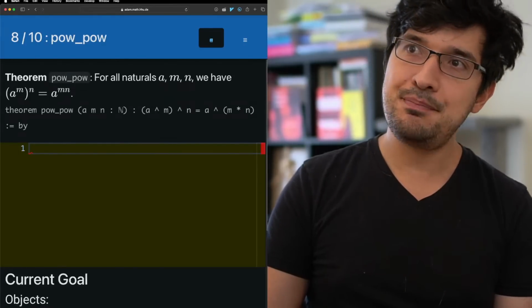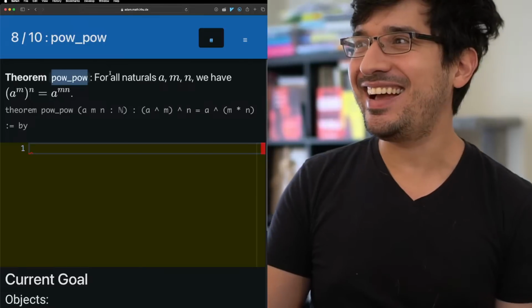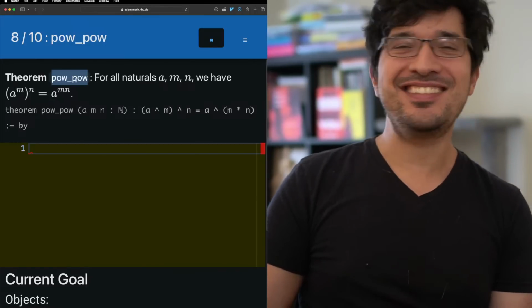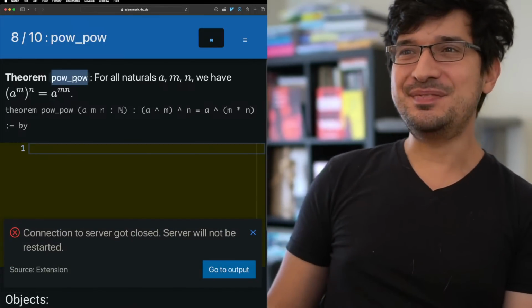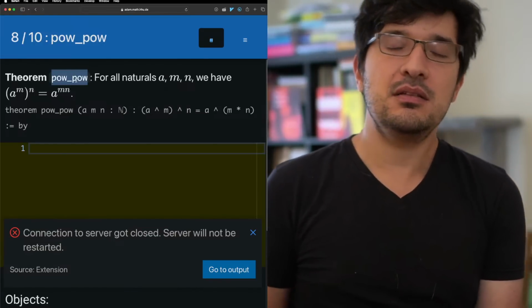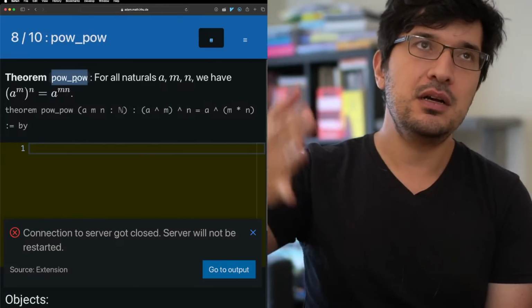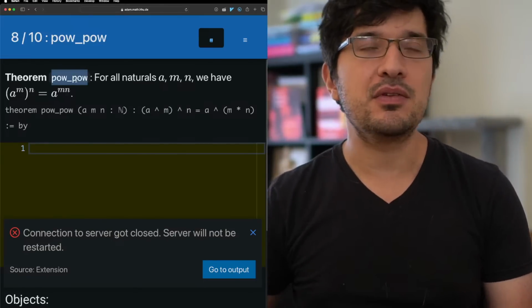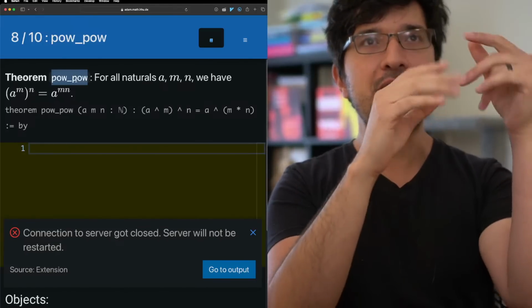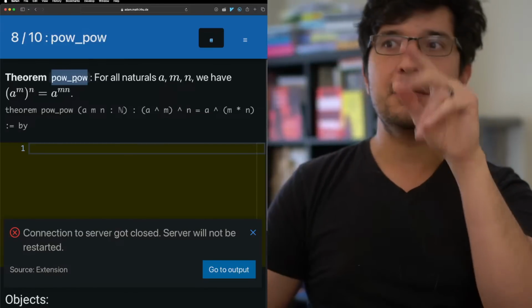Then we've got pow-pow, which just looking at that makes me smile because it sounds nice. Pow-pow. But it's meaningful. So I'm expecting to see one power and then another power. So I can guess that means a raised to the b raised to the c equals a to the bc.